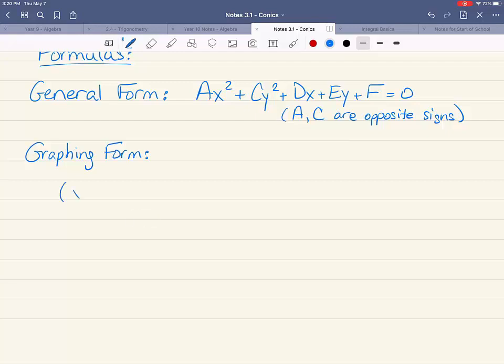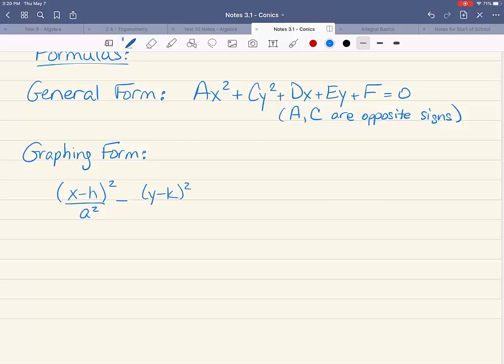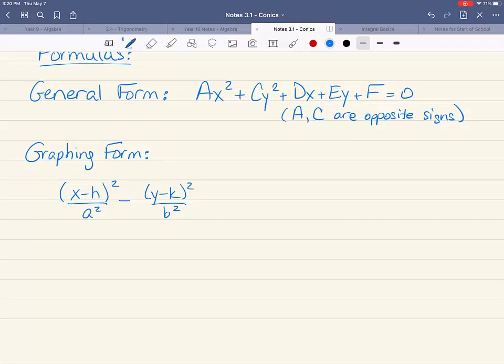So the first equation is x minus h, the quantity squared, over a squared, minus y minus k, the quantity squared, over b squared, equals 1. And this happens to be for what we call a horizontal hyperbola, where the two curves, like the picture above, open left and right.